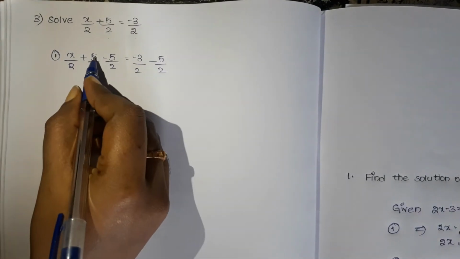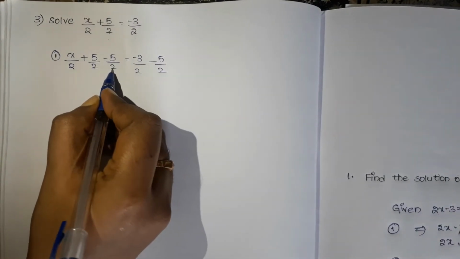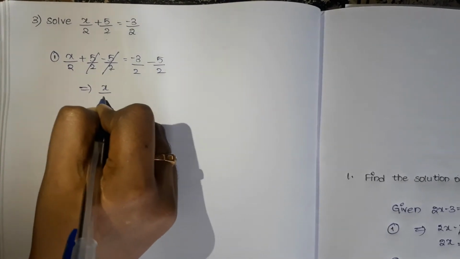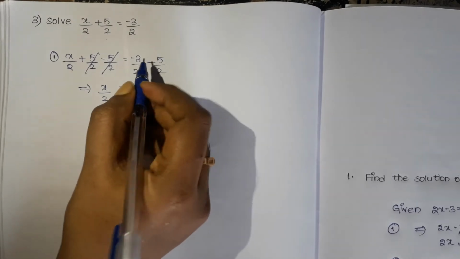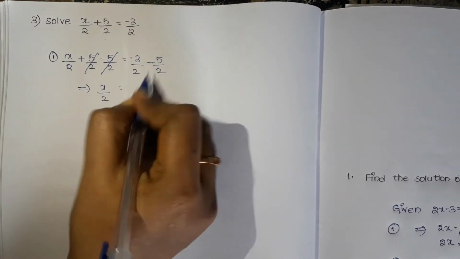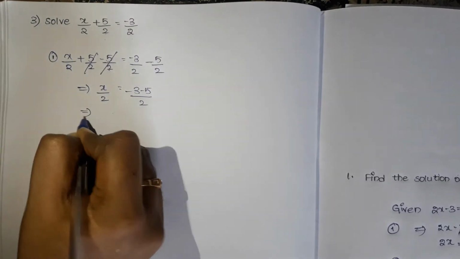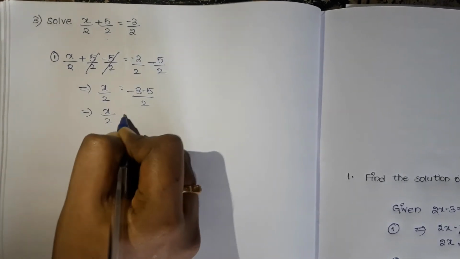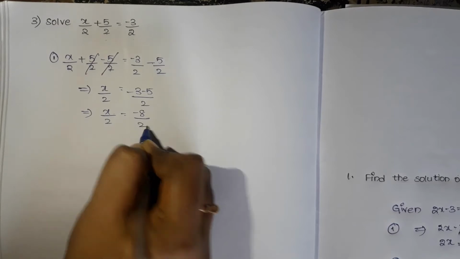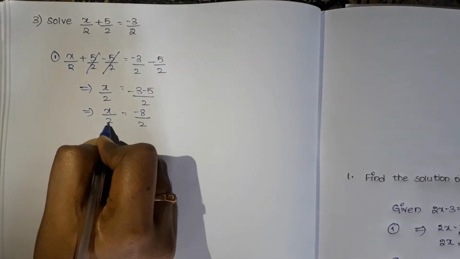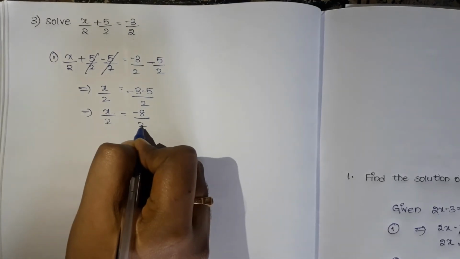From this, here 5 by 2 and minus 5 by 2 get cancelled. Now x by 2 equals minus 3 minus 5 by 2, that equals x by 2 equals minus 8 by 2. Now here in both LHS and RHS we have divided by 2.